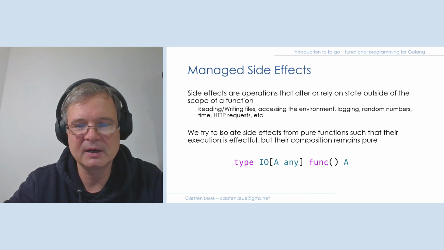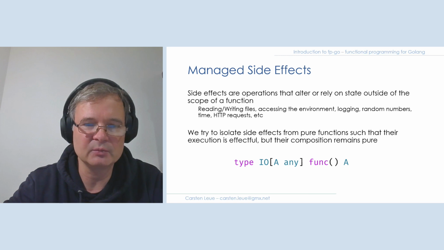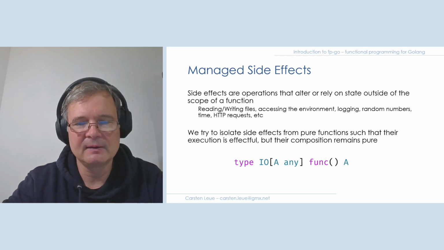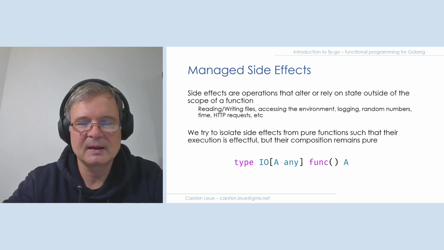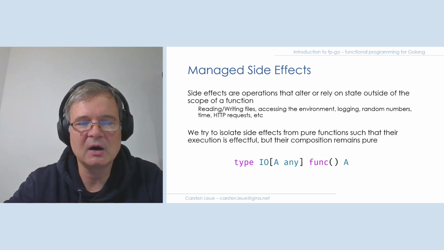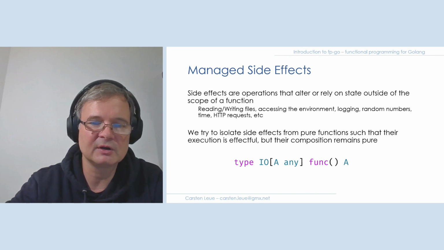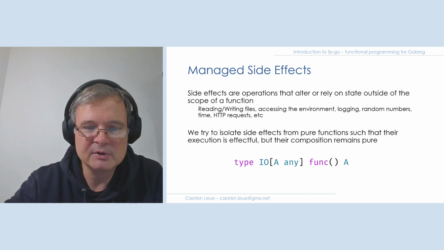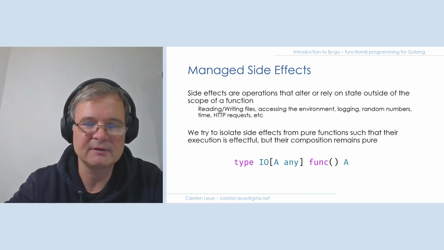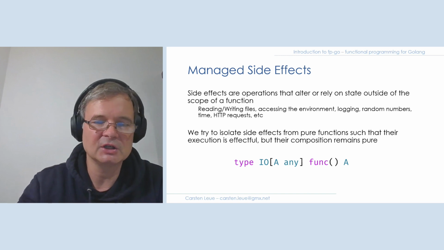The IO type is just a function that does not have any input, but that returns an output. And the idea is that this makes it very clear that this must be a function with a side effect, because how else, other than the trivial constant function, can a function return a sensible output if it does not have any input? This can only be true if the function has some side effects, such as reading from a database, a file, or making an HTTP call.